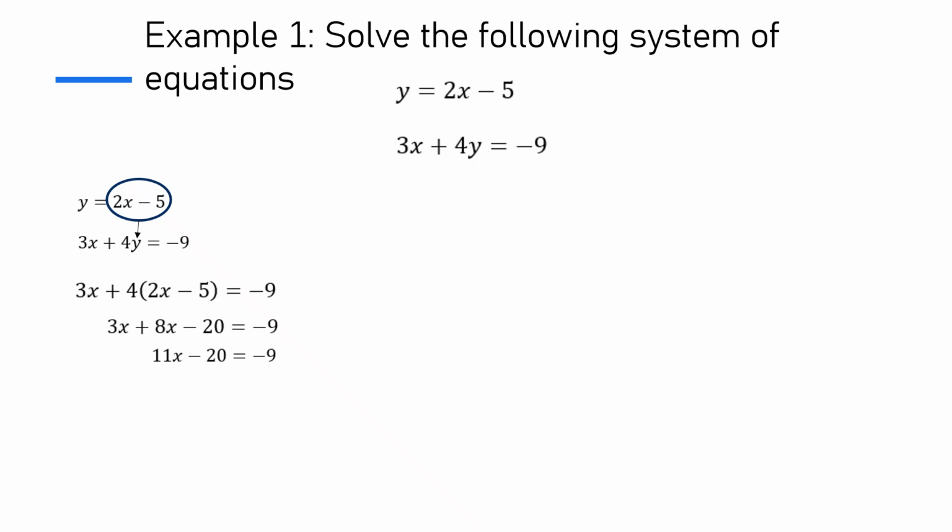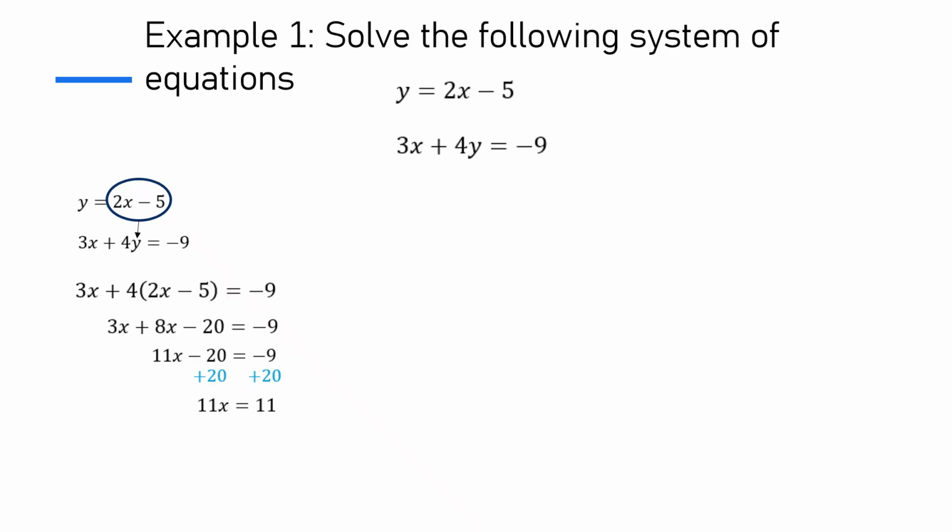Now we don't have any more like terms, so we move our number term, minus 20, to the right-hand side by doing the inverse operation, adding 20 to both sides of our equation, and that gives us 11x is equal to 11, because negative 9 plus 20 is 11.